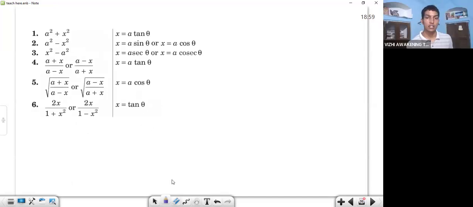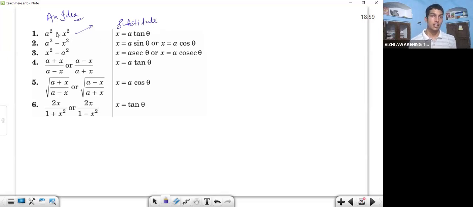This is just to give you an idea that wherever you see these terms in inverse trigonometric expressions, where you have to solve them and differentiate them, then you have to substitute x with the following.